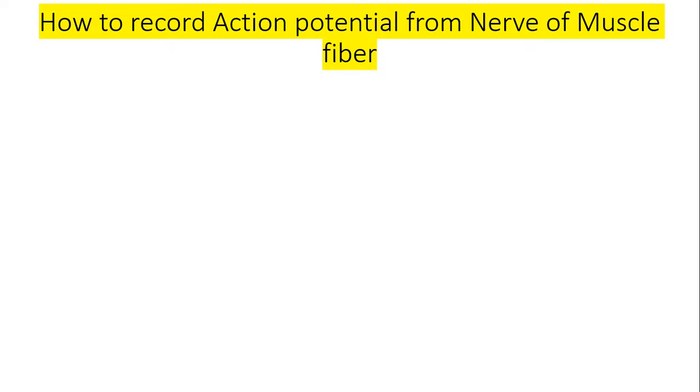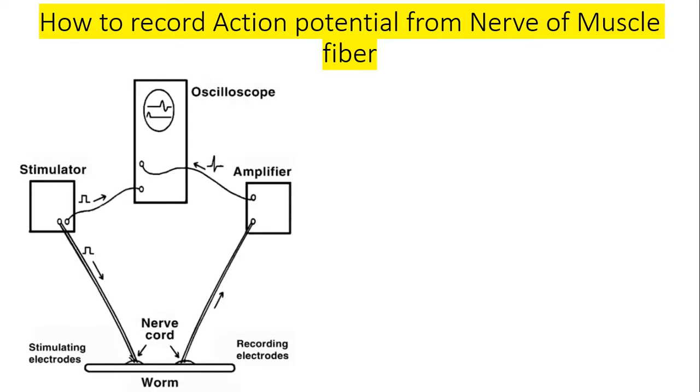Now let us see how we can record this action potential from a nerve fiber or maybe a muscle fiber. So what is required for our experiment? Let us assume that we are experimenting on a worm muscle fiber.